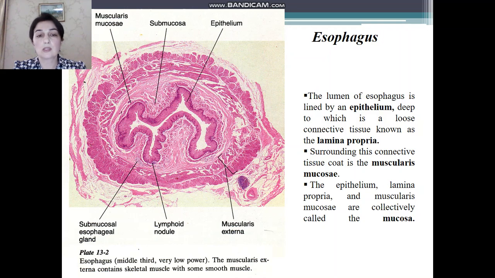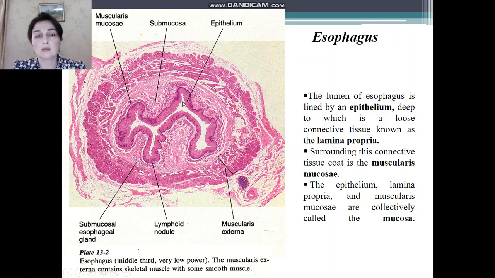In the lumen of the esophagus, at the rest state, we can see longitudinal folds formed by the lamina propria of the mucosa and submucosa. These folds increase surface area, and during swallowing of food, they disappear, and the lumen takes a more rounded appearance.